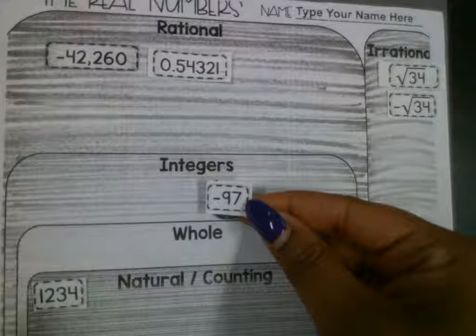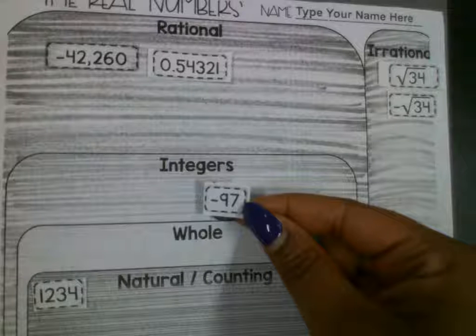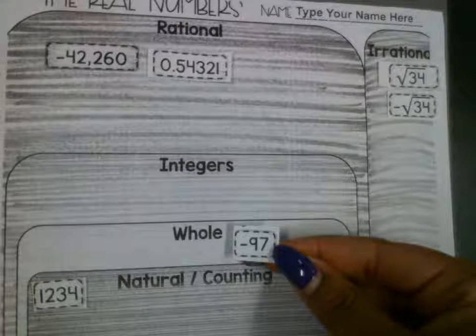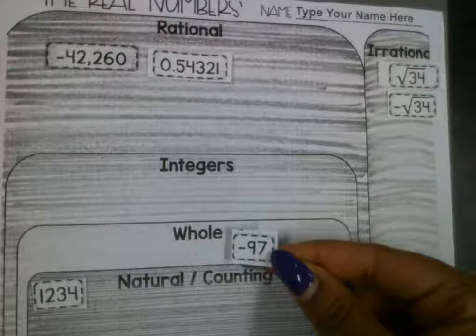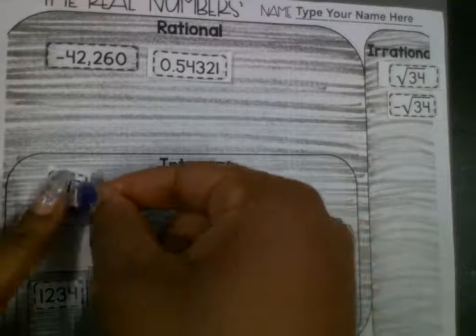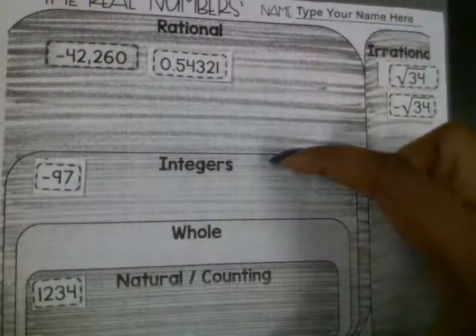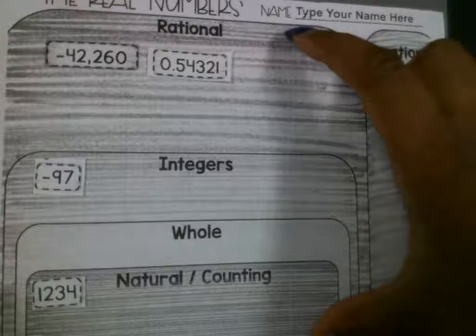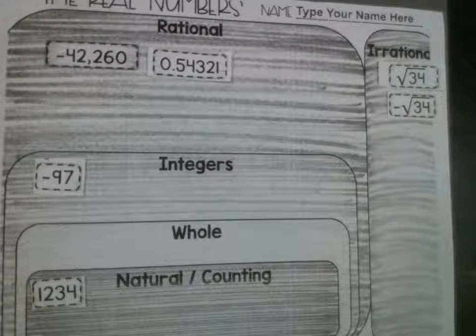Yes, it is. It's a negative number that does not have a decimal attached or a fraction attached. Is it a whole number? No. It's a negative number, so it's not whole, okay? So we put this under integer, all right? Integers are also rational. You see how the integer box is also in the rational box? It's both of those. It's also a real number. Every number is a real number.